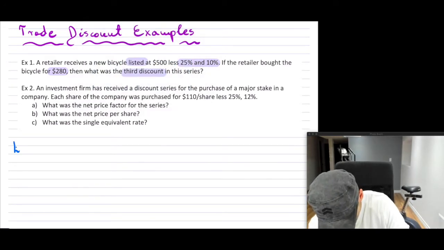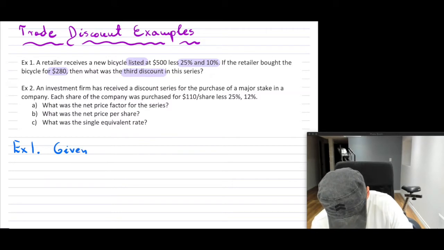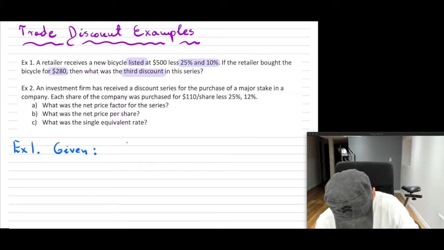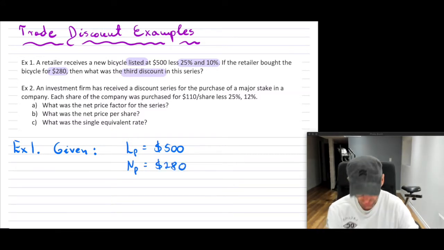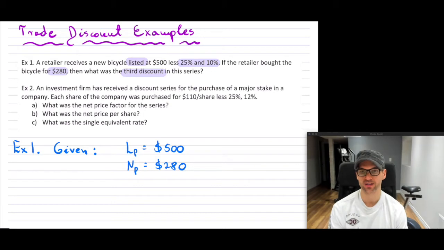So this is example number 1. Let me write down the givens. Our list price is equal to $500. Our net price is equal to $280. So it looks like quite a discount.